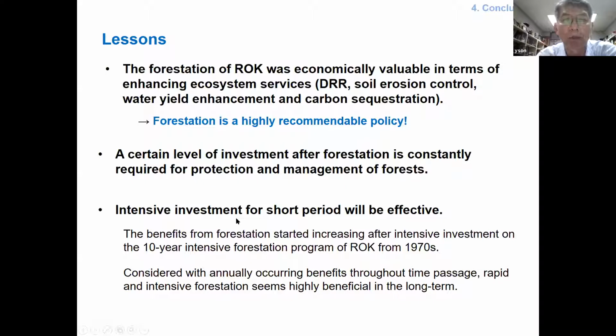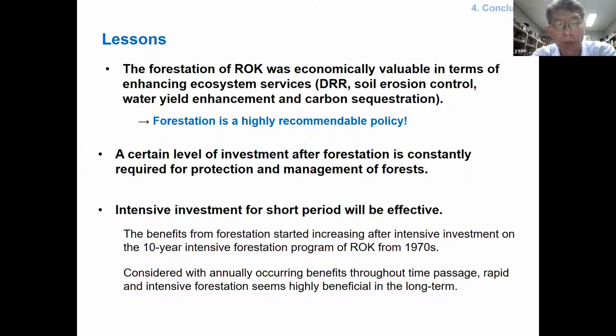Intensive investment for short period would be effective. So active and intensive investment for short period would be more effective than long-term and loose investment. Okay, short-term intensive investment would be more effective.